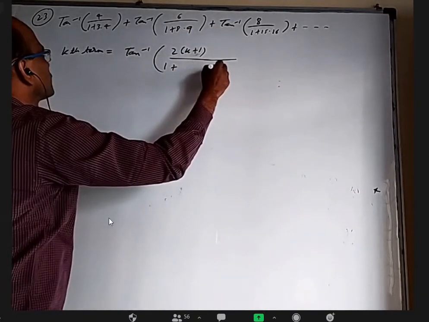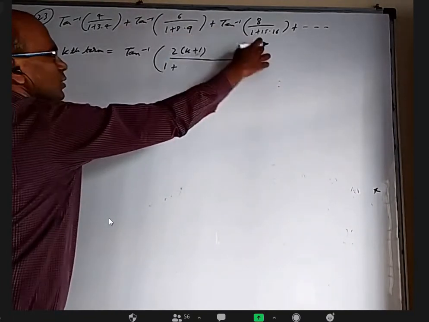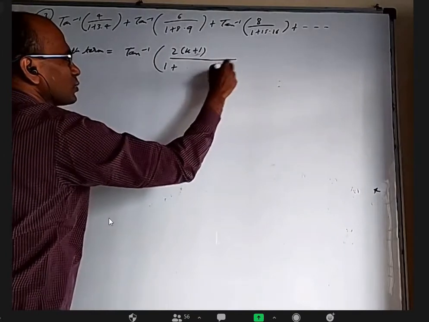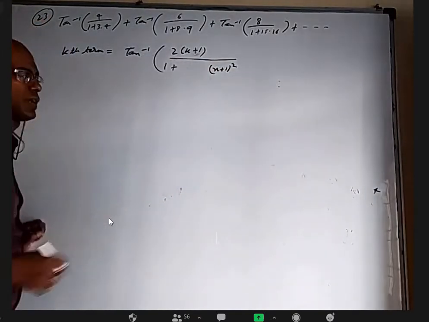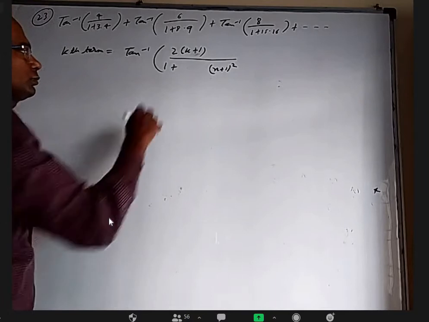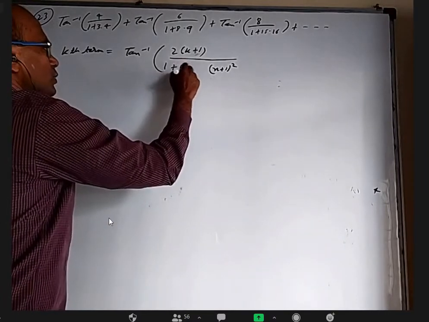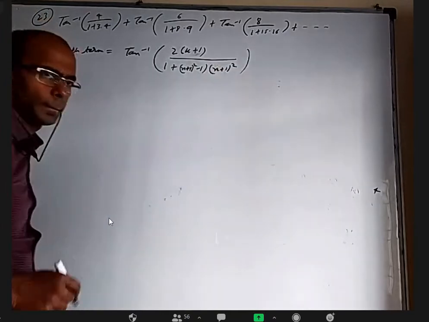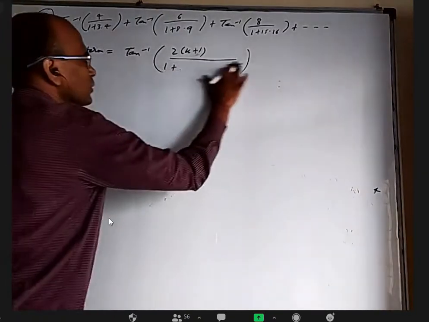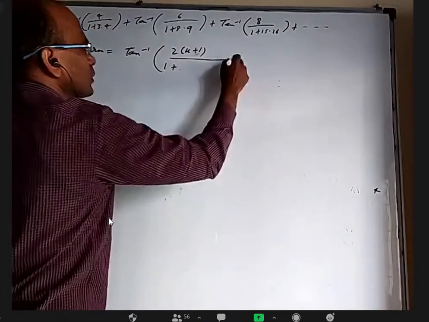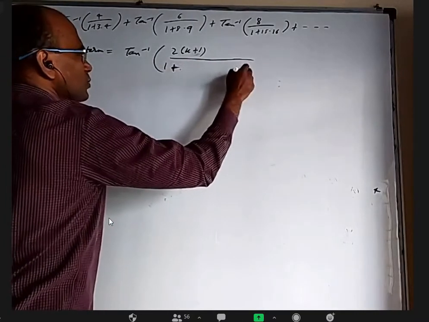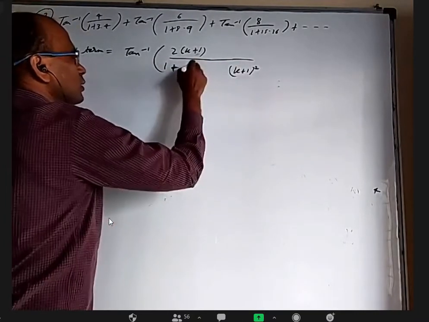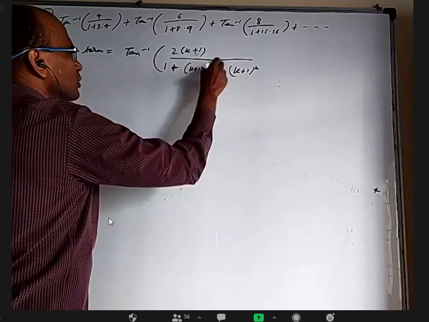So I can write 2 square, 3 square, 4 square like that, and this is 1 less than that. So I can write k plus 1 whole square, and this is k plus 1 whole square minus 1.